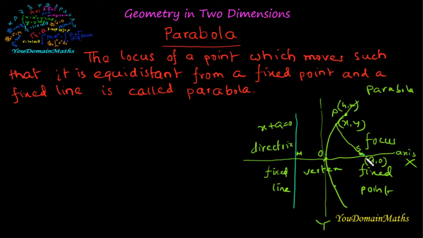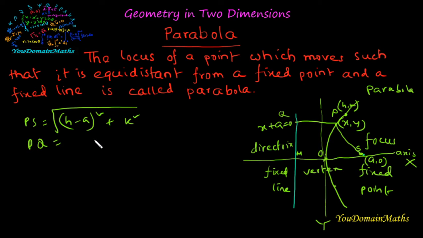So the distance PS is the square root of (h minus a) whole square plus k square. And the perpendicular distance from the point P to the line x plus a equals 0 is denoted PQ, equal to (h plus a) over the root of 1 square plus 0 square.